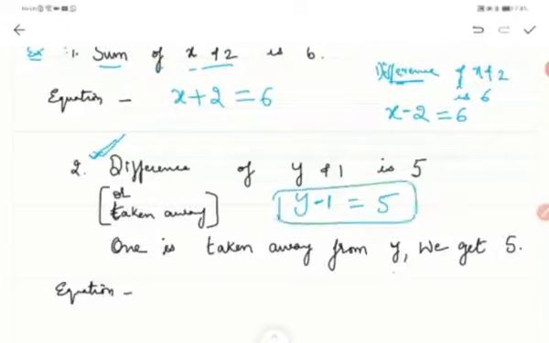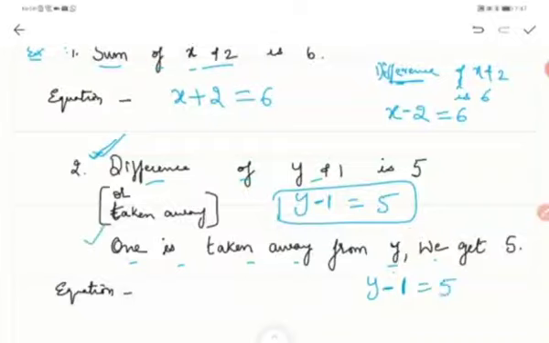It's very simple. You just need to understand the statement and write it. Sometimes they'll ask the same question in another form, like 1 is taken away from y, we get 5. What does 1 is taken away from y mean? It means 1 is removed from y, that is minus 1, and we are getting 5.